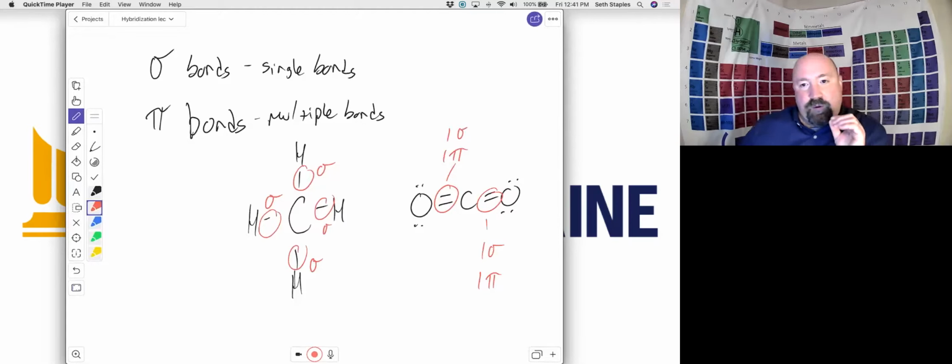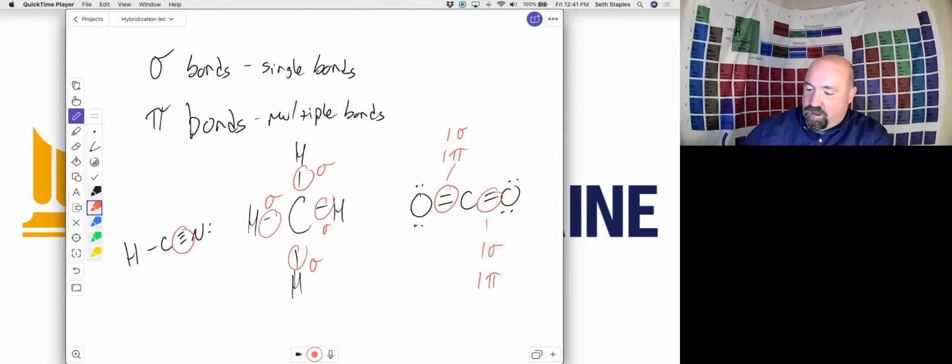And so anytime that we're picturing any sort of multiple bonds, one of those is always a sigma bond. The other, either one or two if it's a triple bond, are pi bonds. So if we have maybe HCN, there's our Lewis structure for HCN.